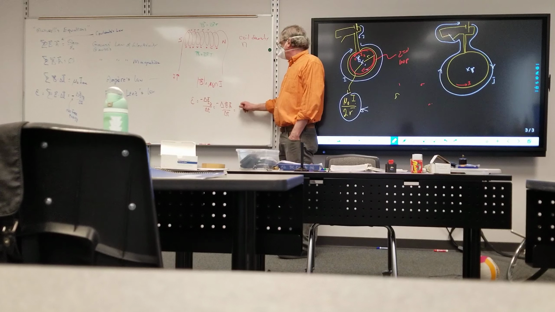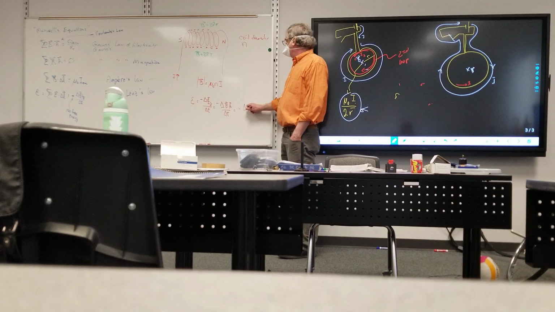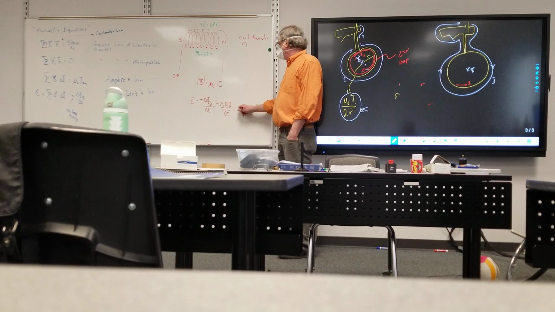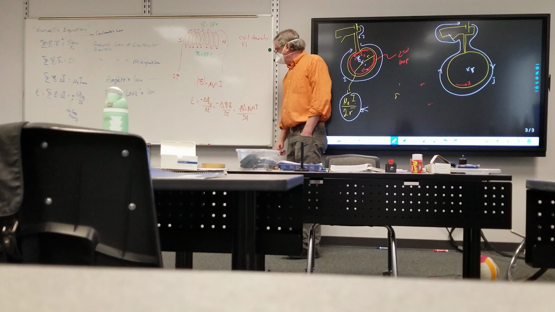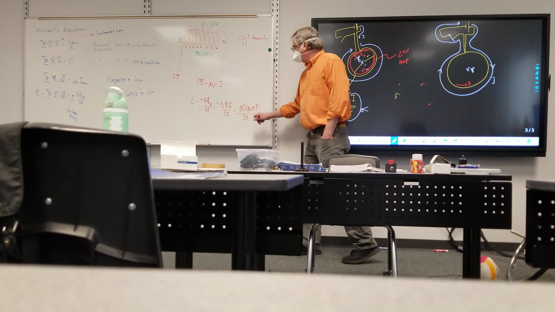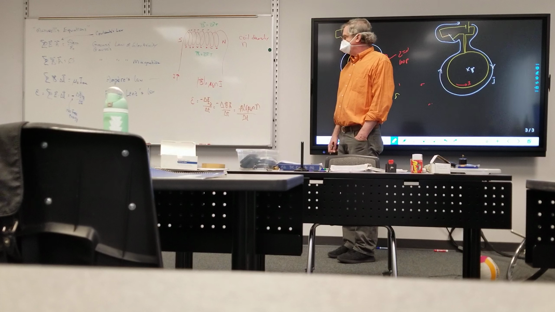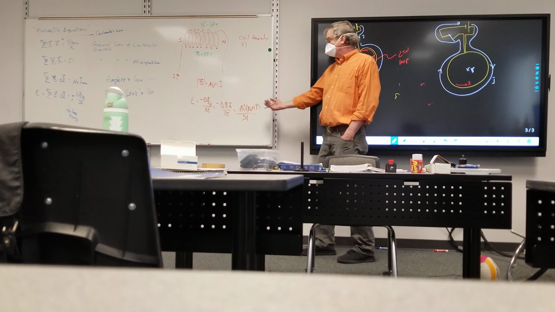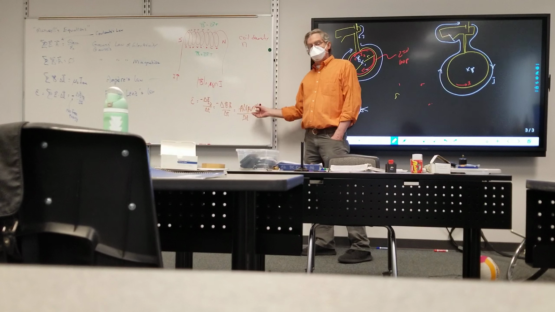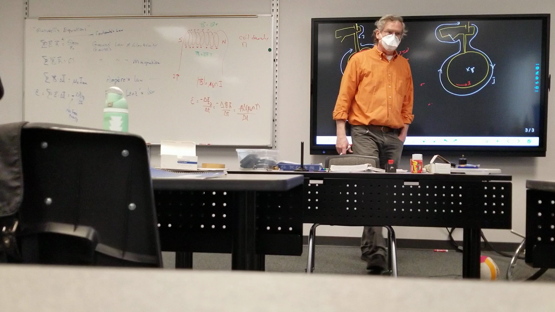So this becomes negative change in mu naught n I times the area. So the only thing that is going to change here is the magnetic field, so that's why that's still after the delta, and I just factored A out.